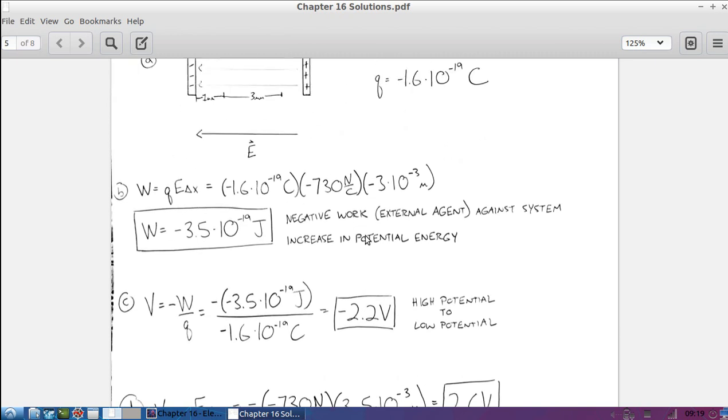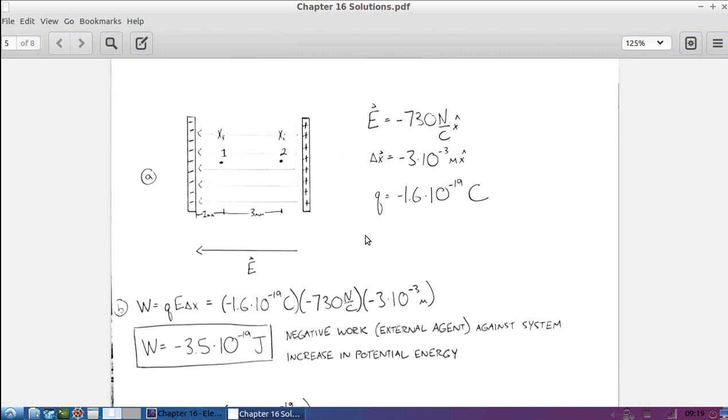Now if I go back to my diagram, and if I disregard the fact that there's an electron going from right to left, this area is a high potential. We've got positive charge, there's a high potential here. This plate is a low potential. So this particle is actually moving from position 2 to position 1.